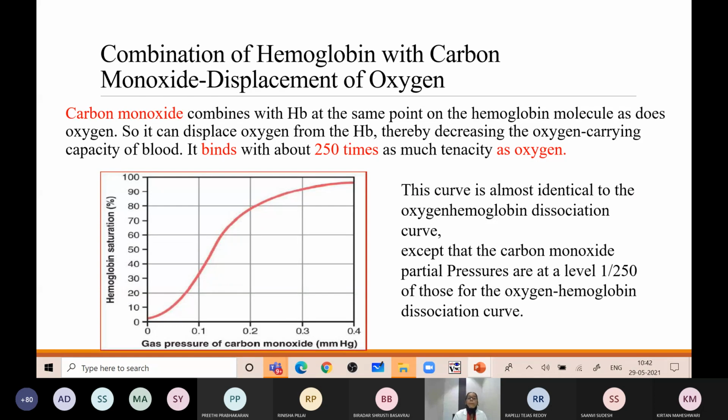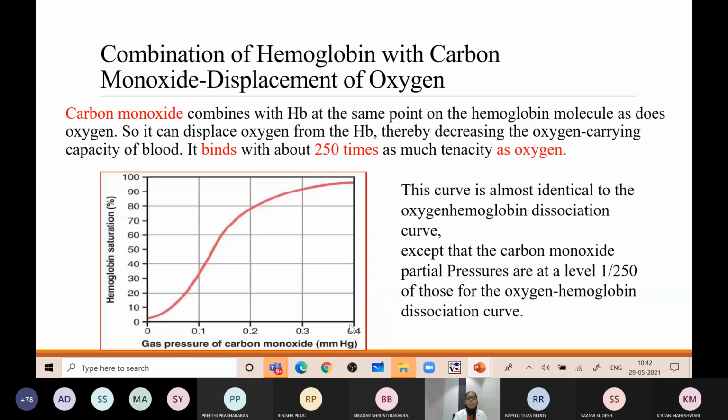So hypoxia may occur. The curve is almost identical to the oxyhemoglobin dissociation curve, except that the carbon monoxide partial pressures are at a level of 1/250 of those for the oxygen hemoglobin dissociation curve. You can make out here, the pressure is in points: 0.1, 0.2, 0.3 and 0.4.